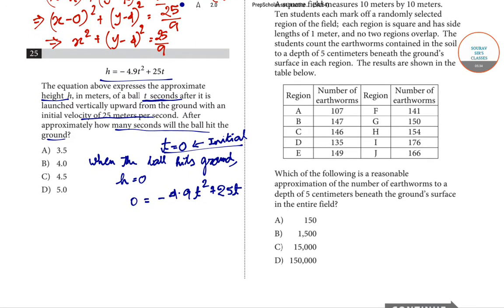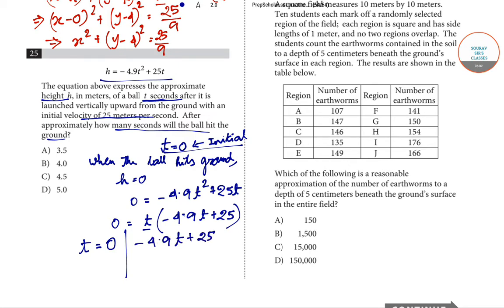Taking t common, we can write 0 is equal to t into (minus 4.9 t plus 25). So 0 is a multiple of these two terms. So t can be equal to 0, or minus 4.9 t plus 25 can be equal to 0.